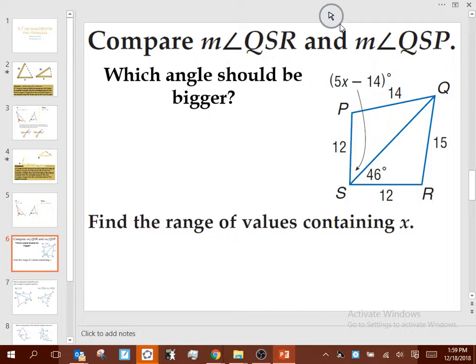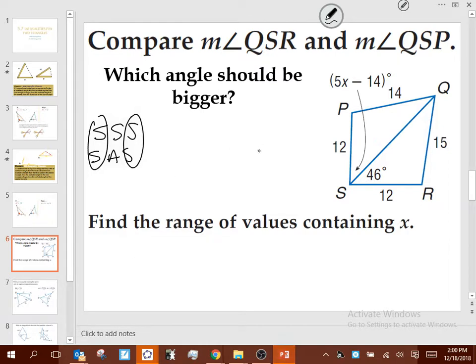So I think the most natural way of doing any one of these problems, regardless of which theorem is actually present here, the first thing I do, obviously, for both SSS or SAS, you need sides that are congruent, right?